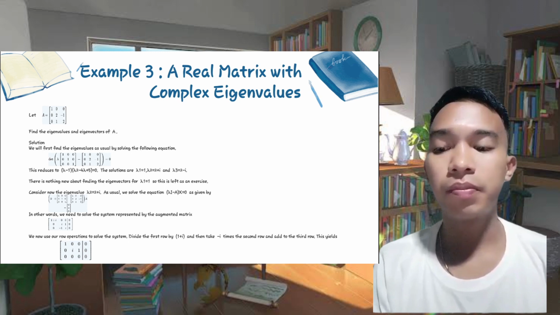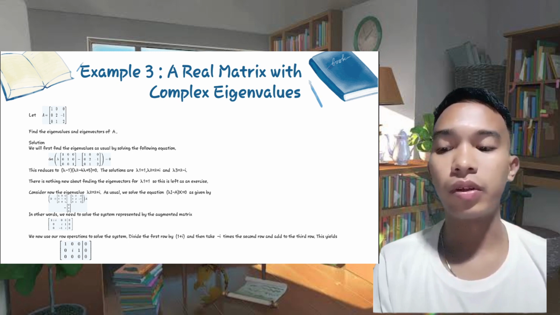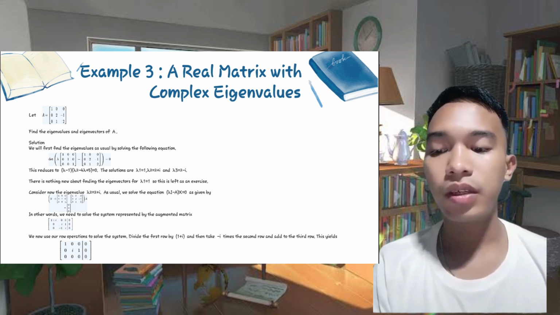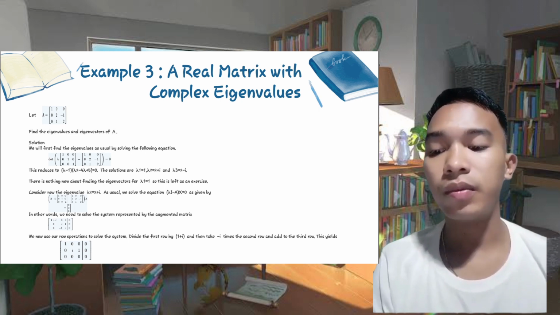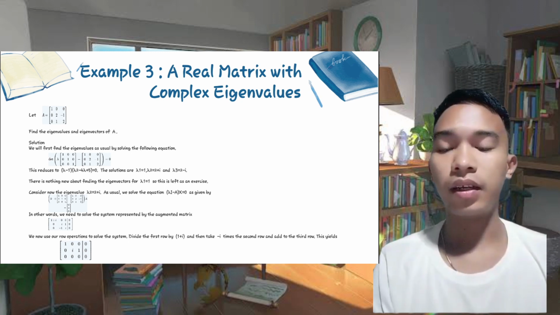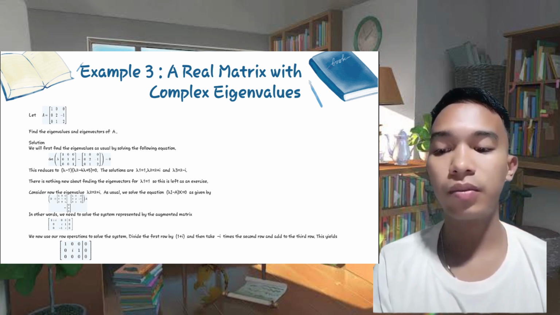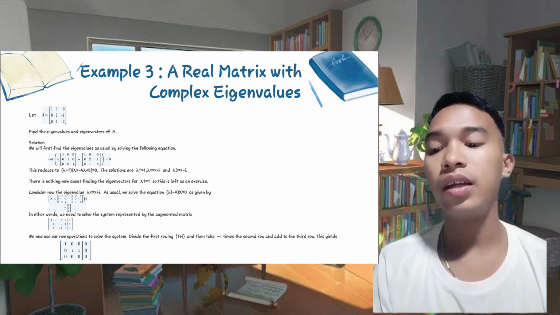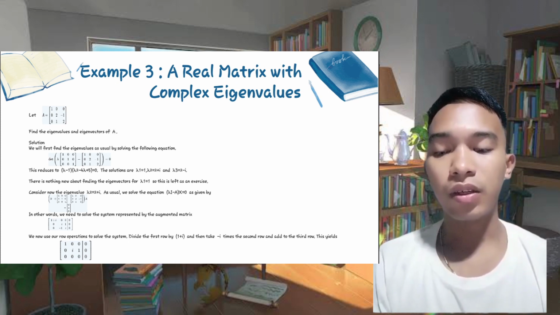We will first find the eigenvalues as usual by solving the following equation: det of (lambda times the identity matrix with columns (1, 0, 0), (0, 1, 0), (0, 0, 1) minus the matrix A with columns (1, 0, 0), (0, 2, 1), (0, negative 1, 2)) equals 0.